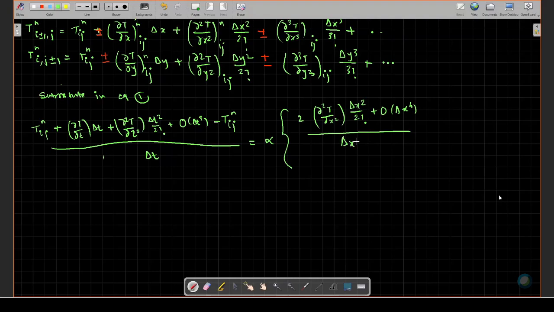So finally you'll get like this: twice d²T/dy² times delta y² over 2 factorial plus order delta y⁴.